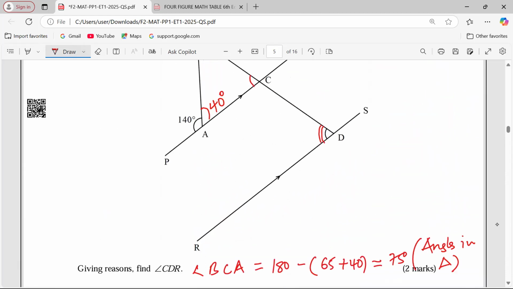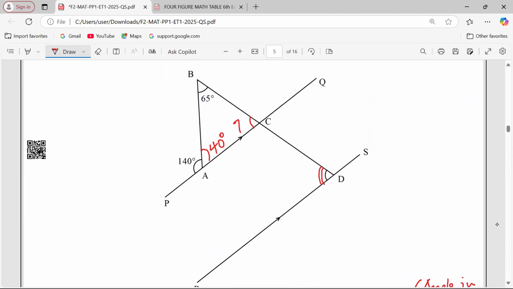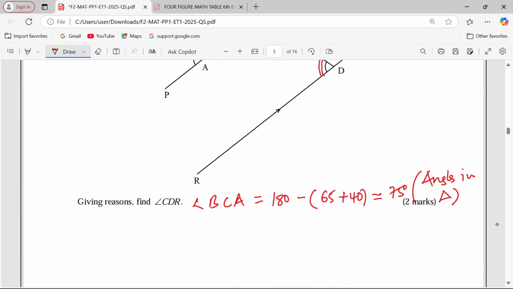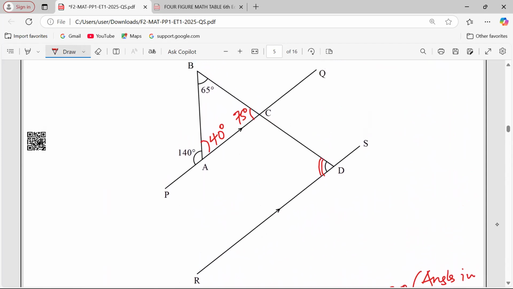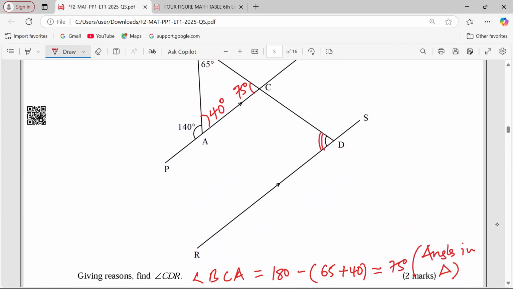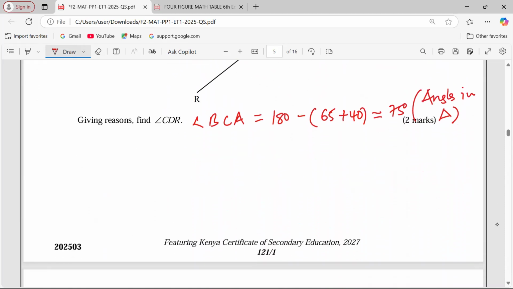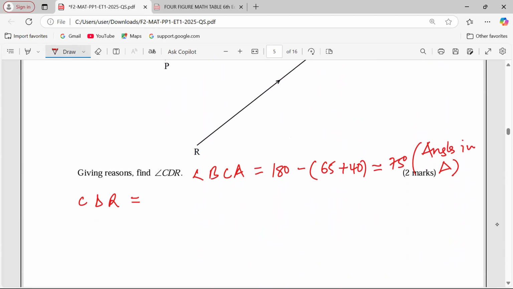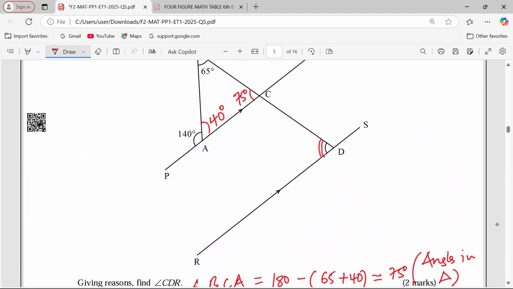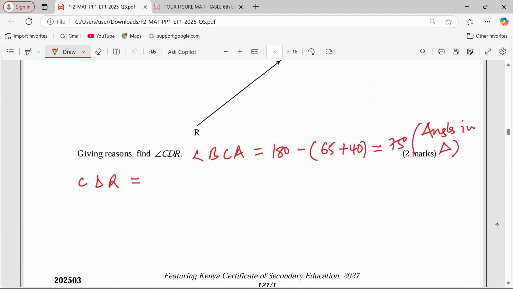Then now, after getting the value as 75, we can find the other angle very conveniently. The angle CDR can be found very easily, because CDR is going to be equal to the same as what we have found up there, BCA, which is 75 degrees.